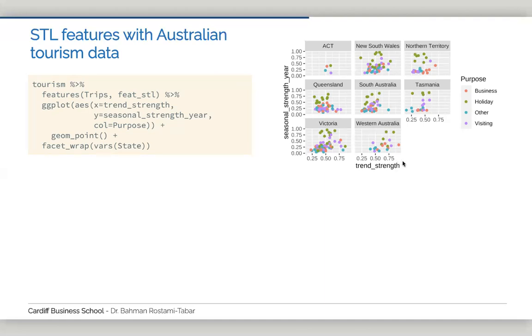Again, if you look at the trend side, most of them, the strength of trend is not very high, but here in Western Australia, the trend is pretty high compared to the rest of the regions. So you can extract this information, like the features, and you can create any sort of plot that you're interested in, but probably this is a plot that makes more sense if you're interested in trend and seasonality in your data.